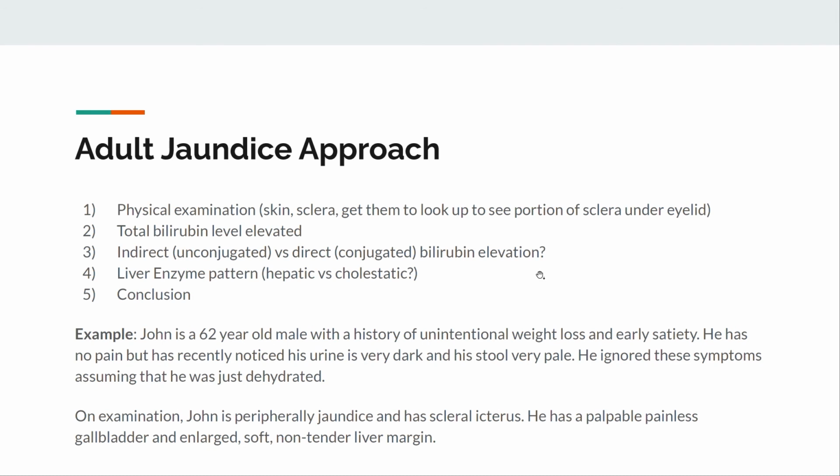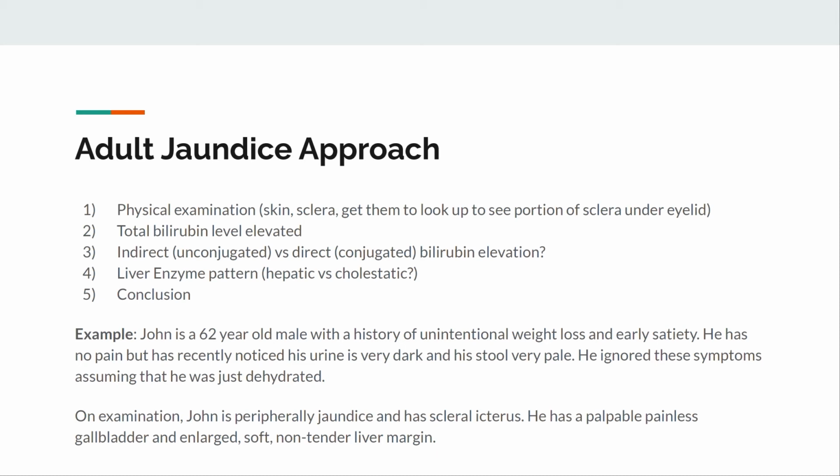Let's talk about why he has dark urine and pale stools. And I really should have added a diagram about this, I'm sorry. When you have unconjugated bilirubin from the blood, it goes to the liver where it gets conjugated. That then gets excreted in the bile into the bowel. Then in the large intestine, gut bacteria actually act on that bilirubin.